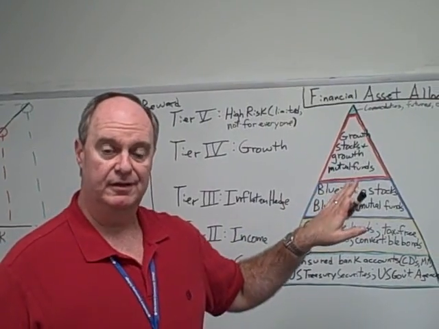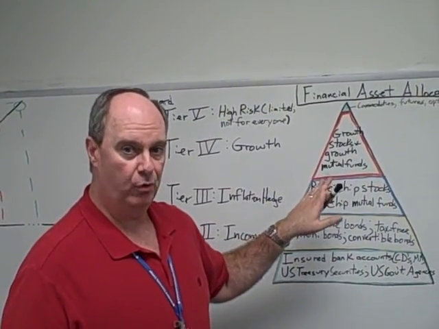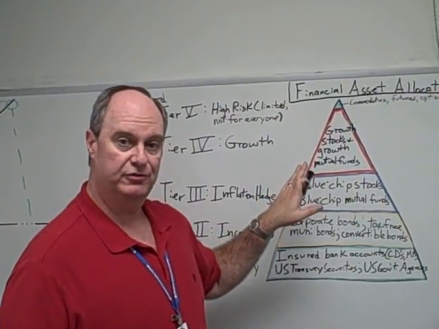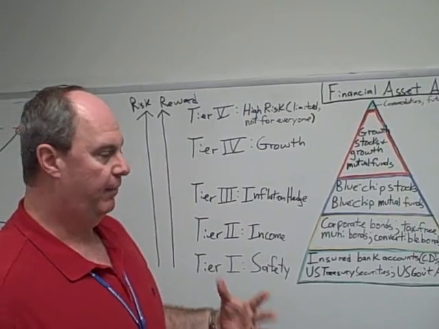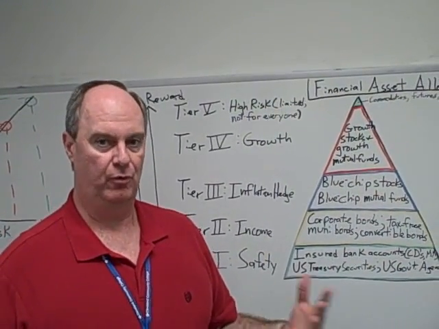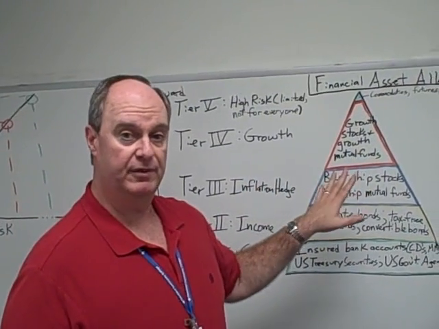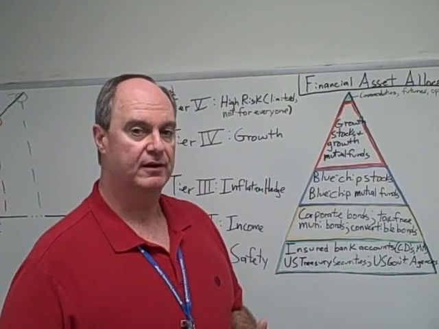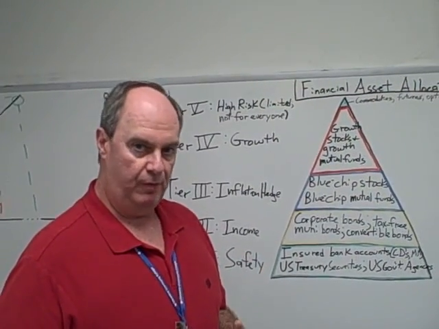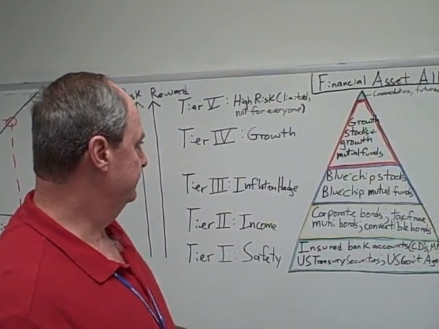Then something that is next, Tier 4, is probably the most important of these tiers for most of you, and that is growth. That is how you get your money to grow rapidly. These are riskier companies, many of them technology, many of them from emerging markets, but they're companies that are smaller but still very, very large publicly traded companies.